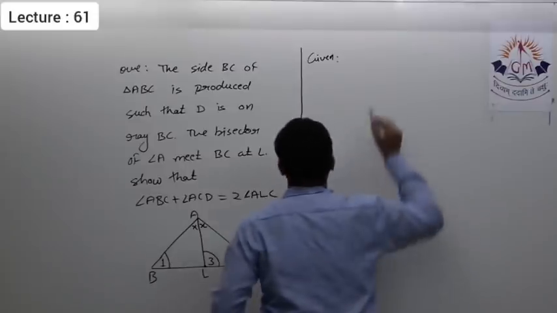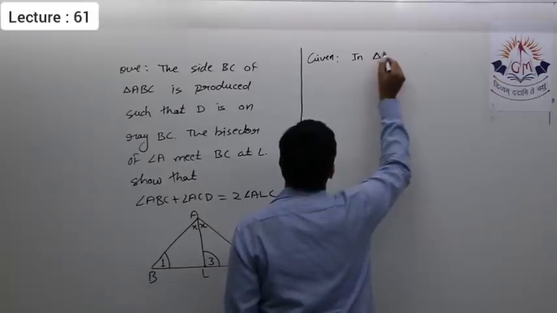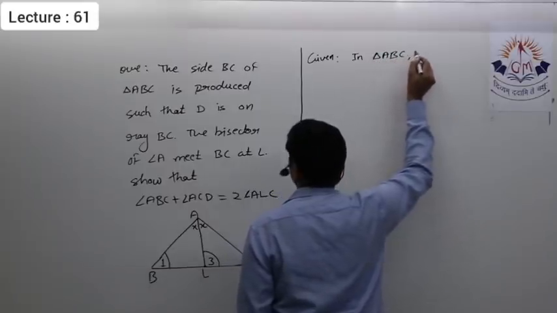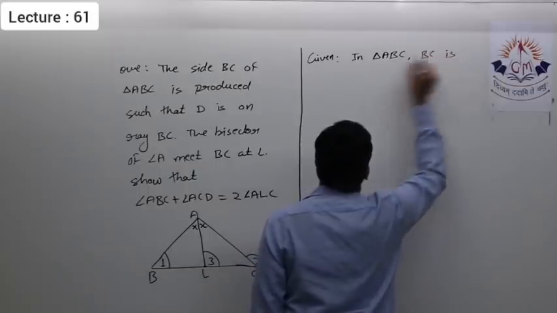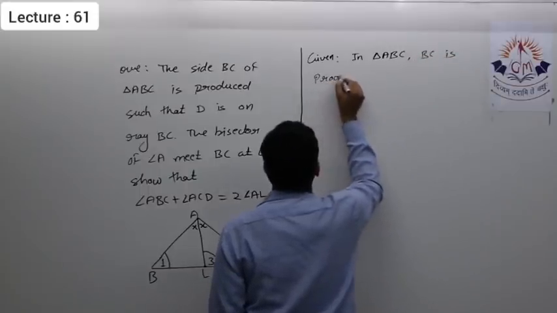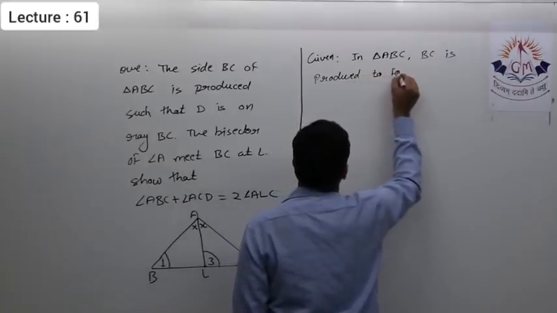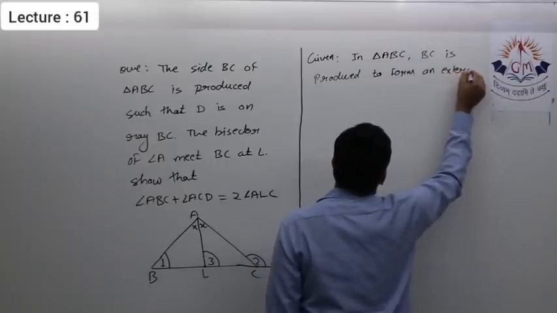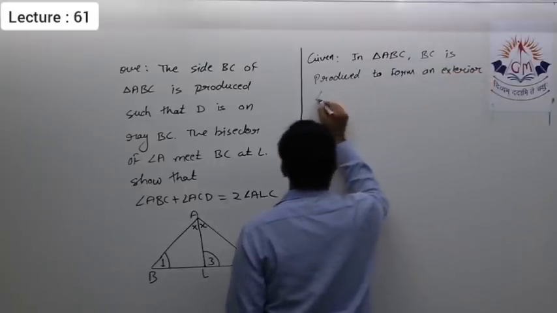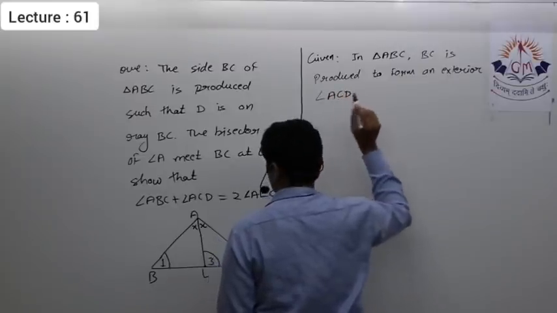Given in triangle ABC, BC is produced to form an exterior angle ACD.